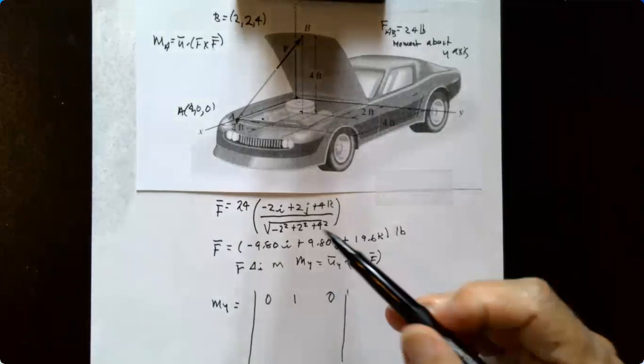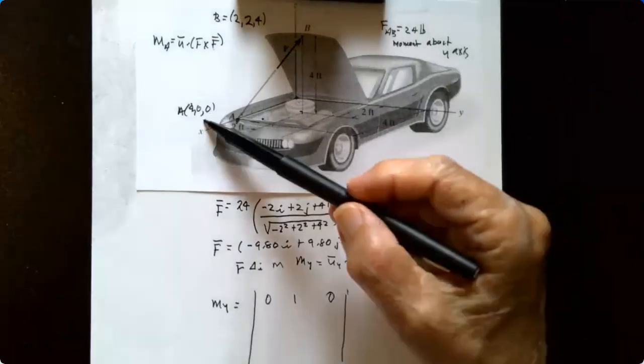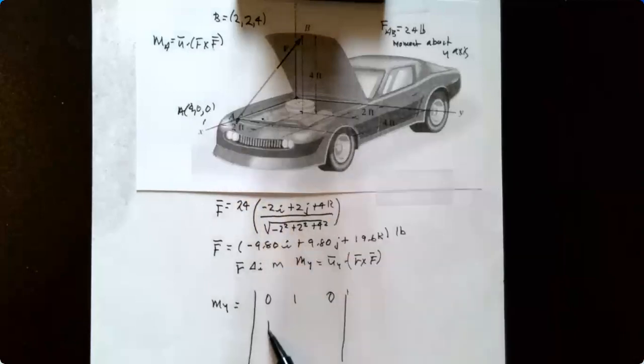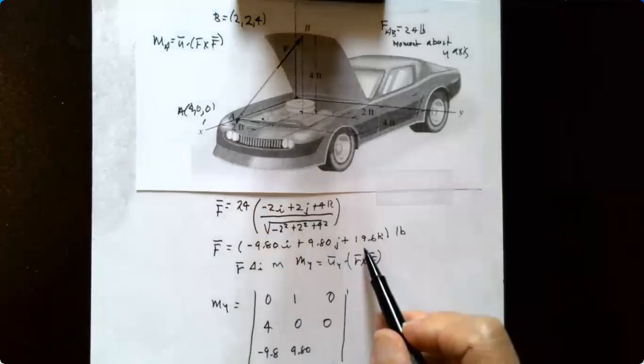Position vector is the 4, 0, 0. And the Cartesian vector is what we have here, minus 9.8, plus 9.80, plus 19.6.